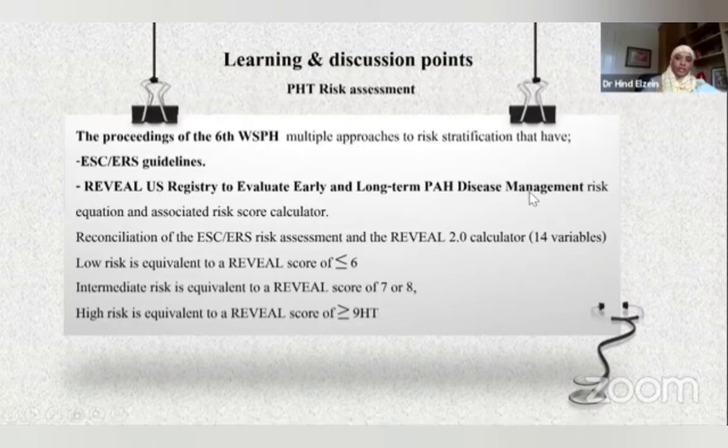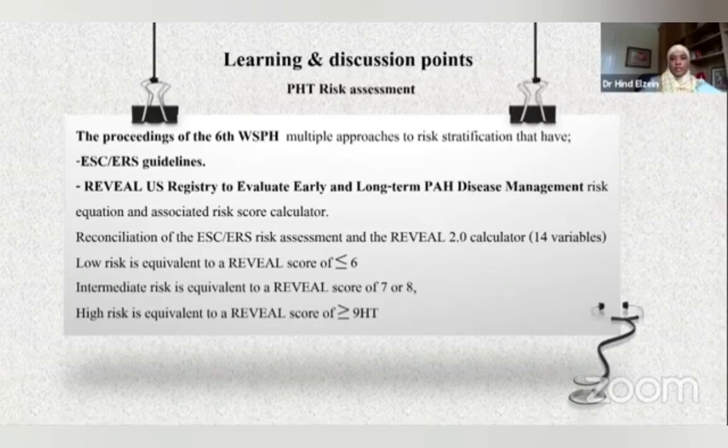And we risk stratify them because it will guide the treatment, with the aim to reach a low risk status. There are different parameters. There is the ESC and the ERS, the European Respiratory Society guidelines, combined together, and they have a scoring system with variables, which I will probably show in the next slide.